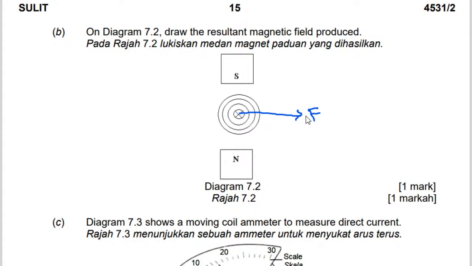If it moving to the right like this, so we know that this side, sebelah kiri, will be stronger magnetic field compared to the right side. Okay, that's why the conductor is being move to the right.